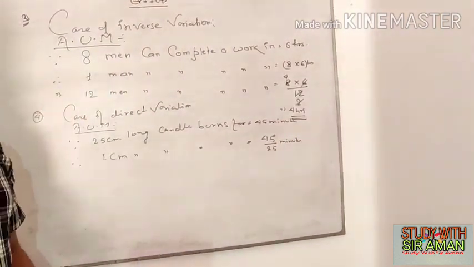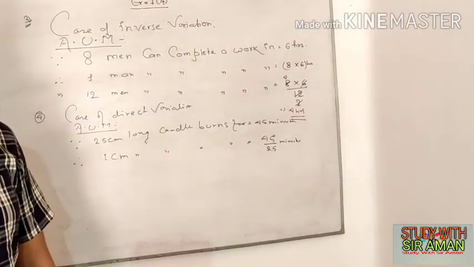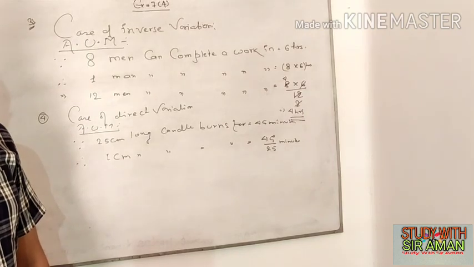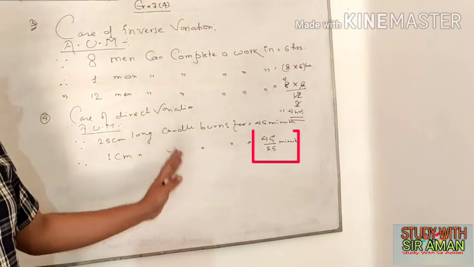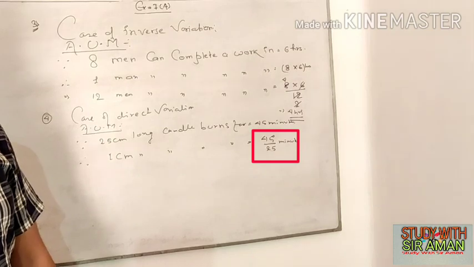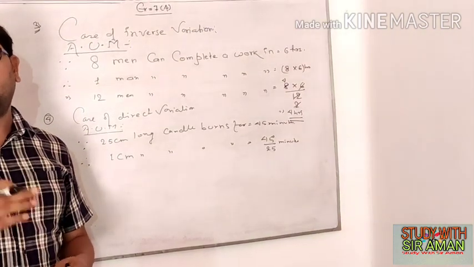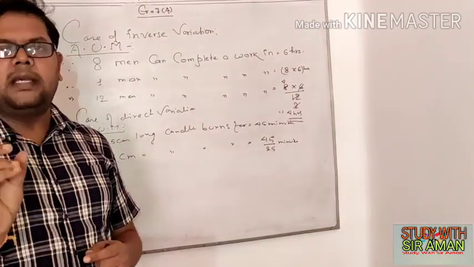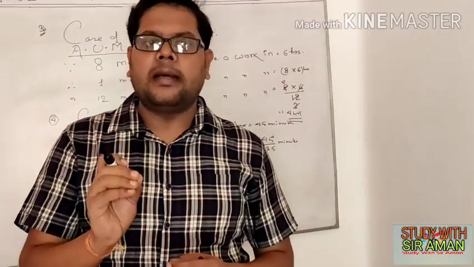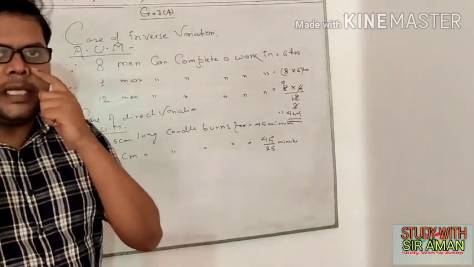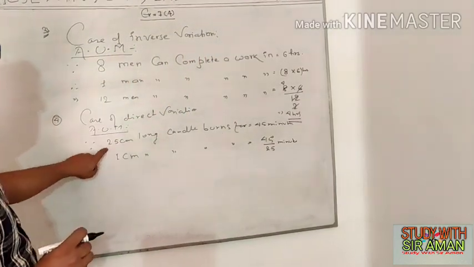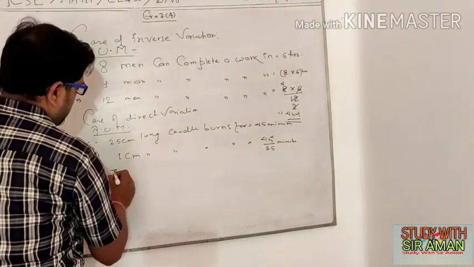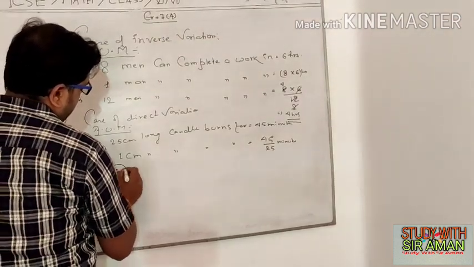Third line. According to the question, this time another candle is there of the same material, same thickness, but 5 centimeter longer than the previous one. Read the sentence carefully: 5 centimeter longer than the previous one. What is the original size of the candle? 25 plus 5, 30 centimeter.